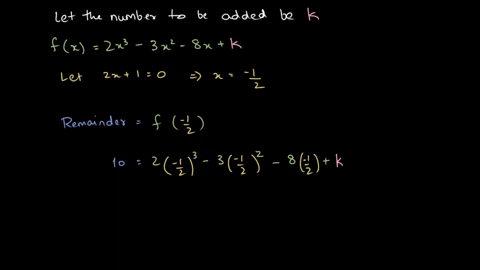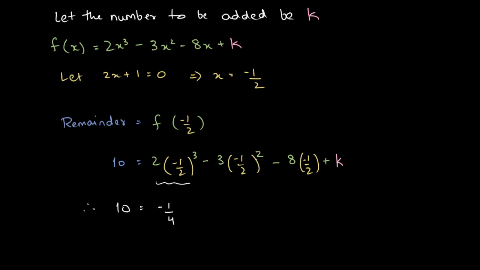So let's do just that. So right, so therefore 10 is equal to minus half raised to 3 is minus 1 by 8. That into 2 will make it minus 1 by 4 if I'm taking the entire thing, right? So it'll be minus 1 by 4.